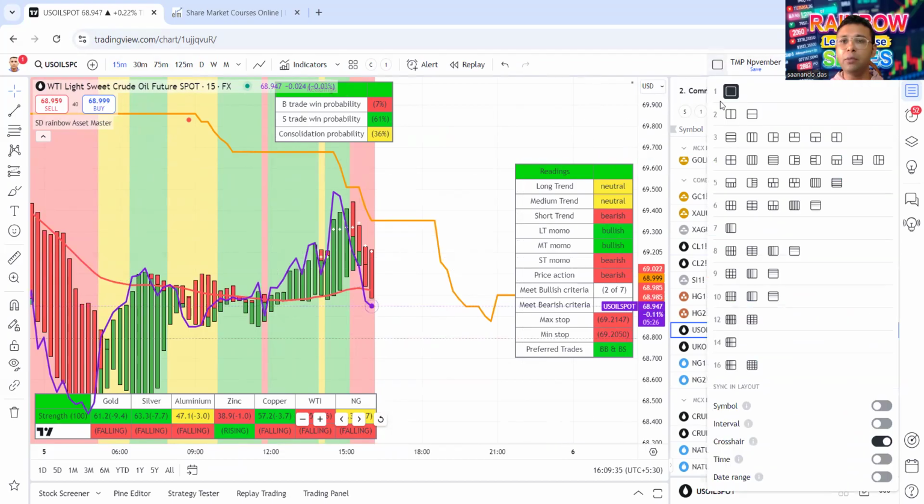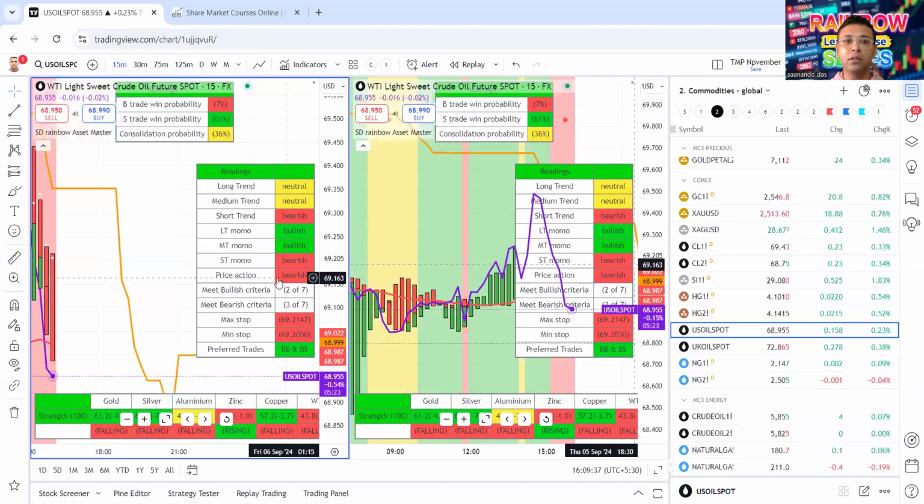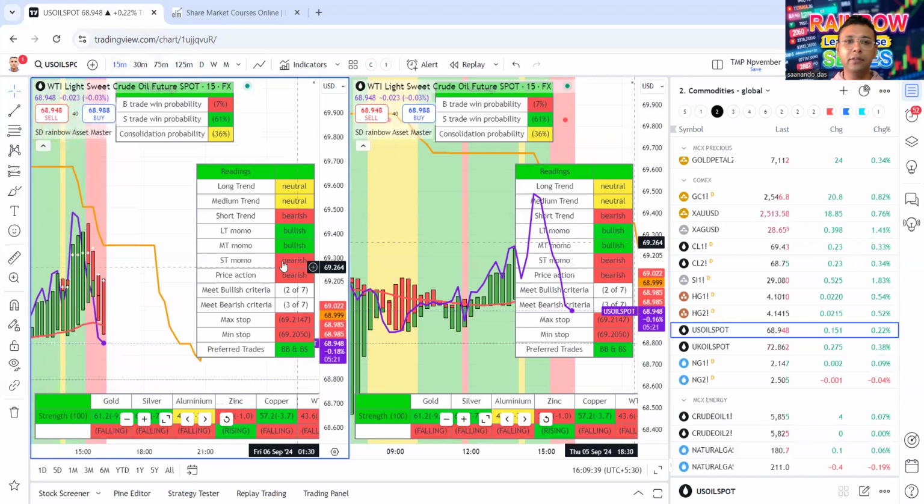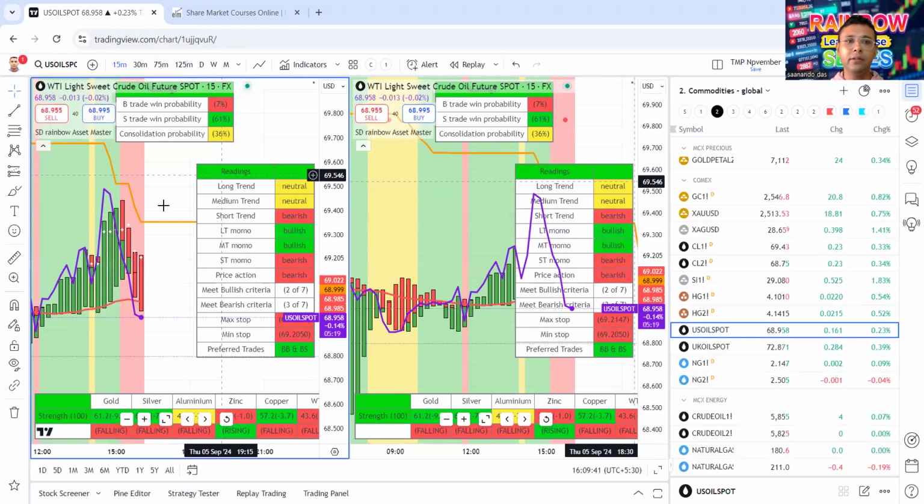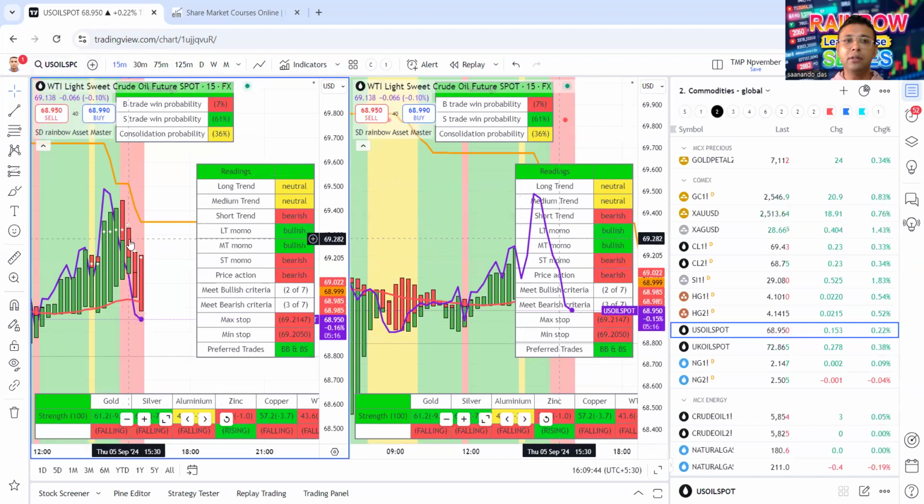So I will divide the pane in two part. दो पार्ट में डिवाइड कर दिए. One side I am keeping the fountain of gold chart.